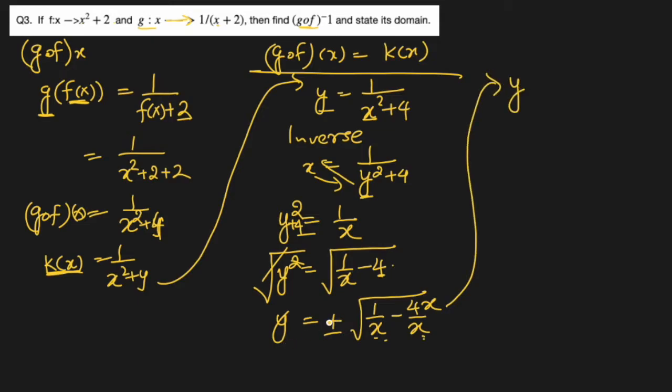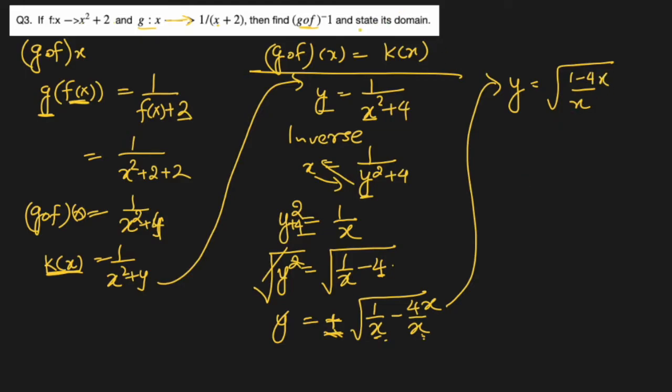But we have to write only plus or minus, right? We can't write both. If we write both, it does not remain a function anymore. It becomes a 1 to 2 or 2 to 1 relationship, okay? So in such a case, we prefer positive, and that's why we will write just positive. Because they have the same denominator x, we can write 1 minus 4x divided by x.